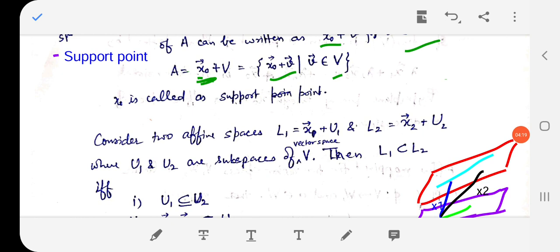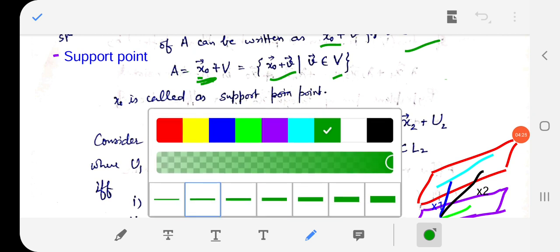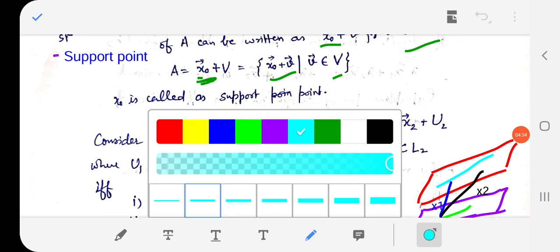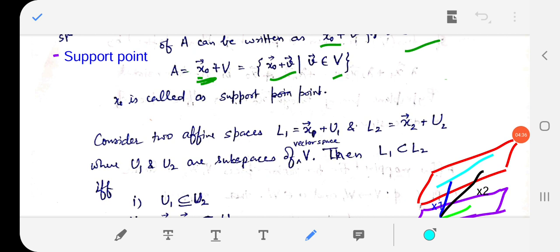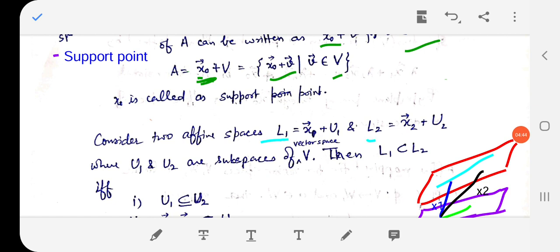Now let us suppose that we have two affine spaces L1 and L2. L1 is represented by red color and L2 is represented by the cyan color, in the diagram you can see here.